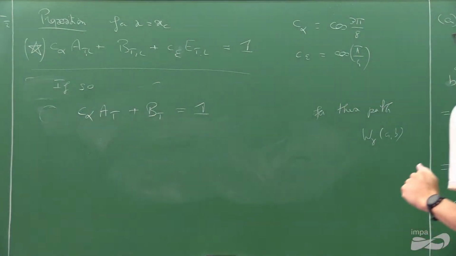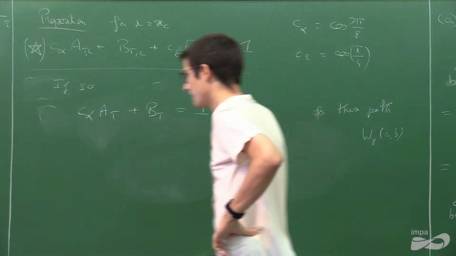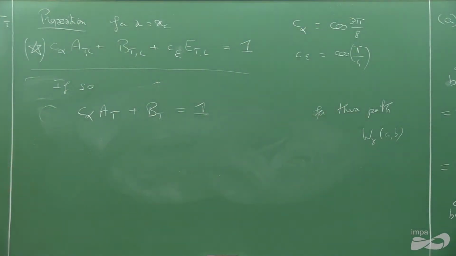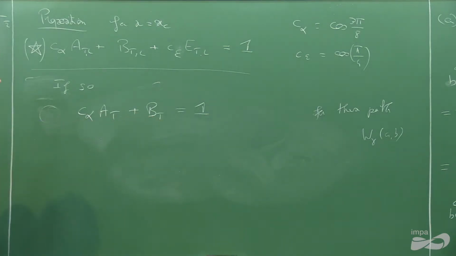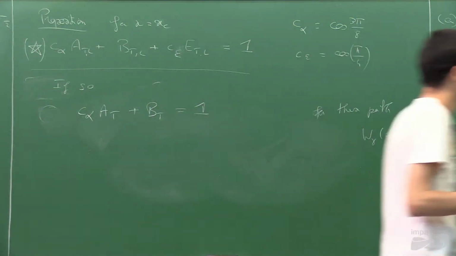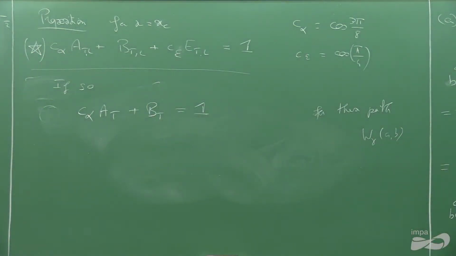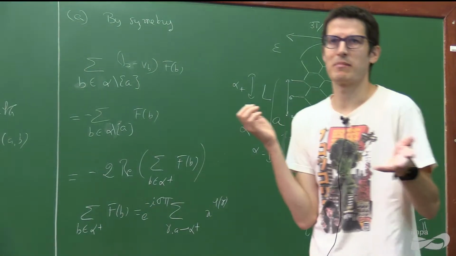Now the thing is, A_T is an increasing sequence in T, and B_T is a decreasing sequence in T. The problem is that for A_T and A_{T+1}, you're going to count the same paths.